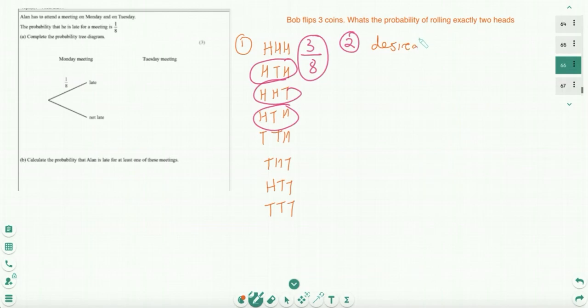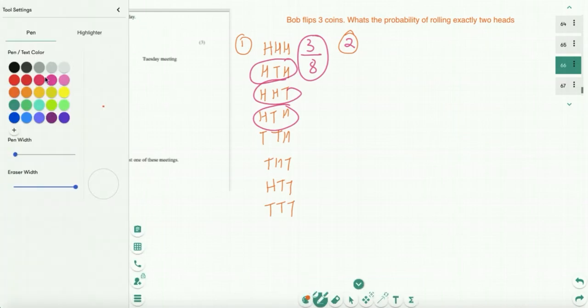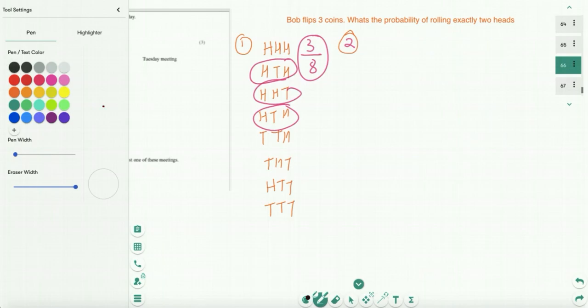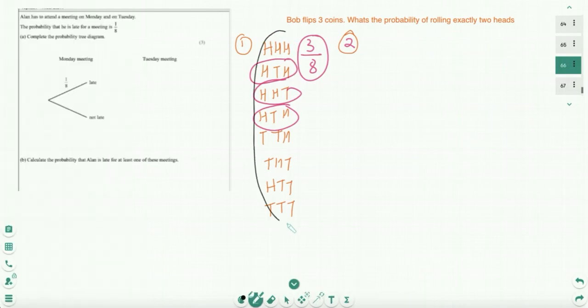So in this case, we're pretty much doing what we did in the last question, but I'm only writing the outcomes which satisfy exactly 2 heads. So the only ways of getting 2 heads are heads, heads, tails; heads, tails, heads; and tails, heads, heads.